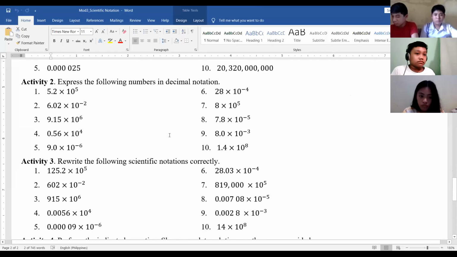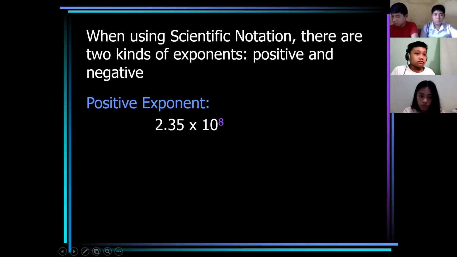In activity number 2, you have there: express the following in decimal notation. Decimal notation also means standard notation. So from the given, class, you have here scientific notation. Make it into a decimal notation or standard notation, which we are going to understand in this presentation.